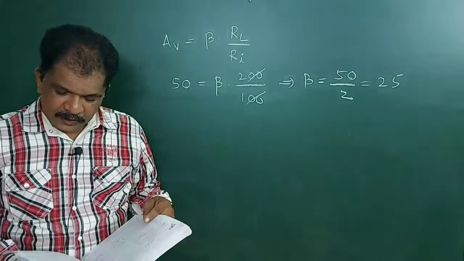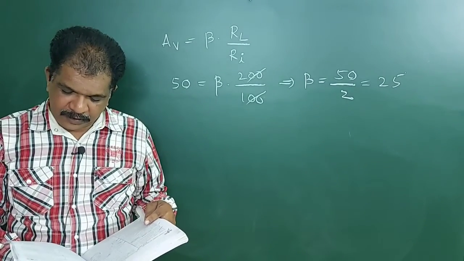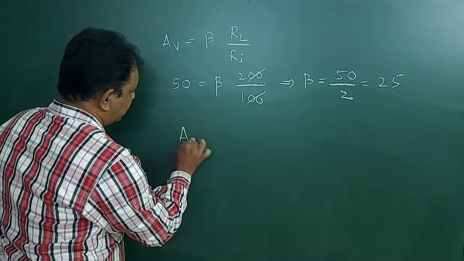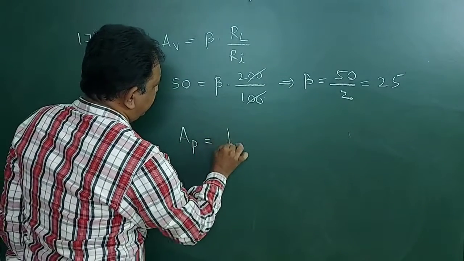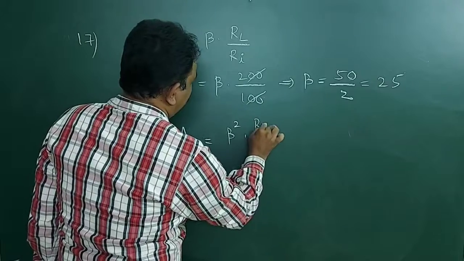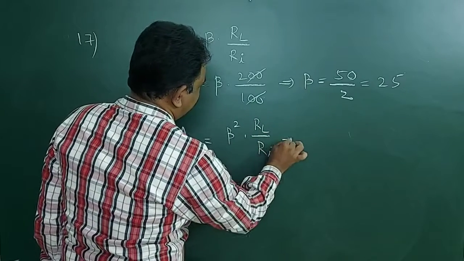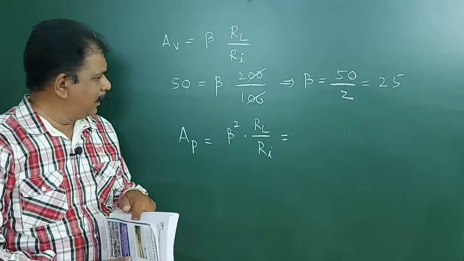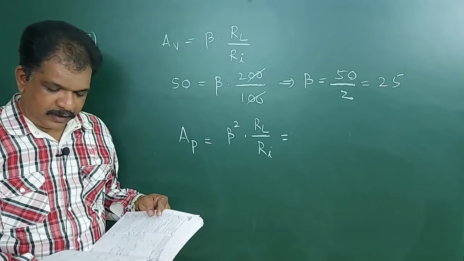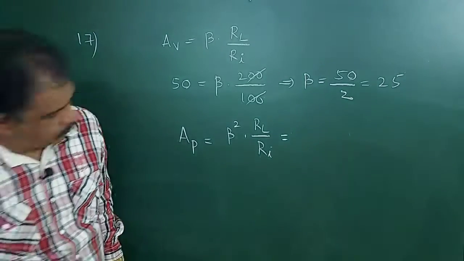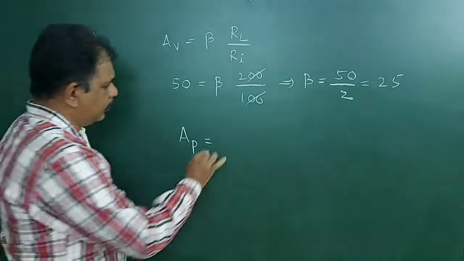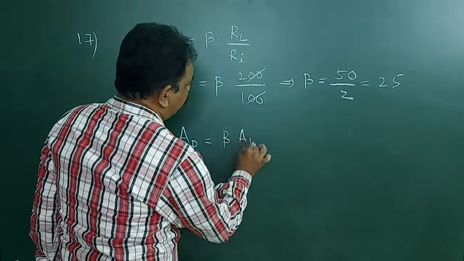Next, we got the beta value. Then power gain is beta square into RL by RI, or you can take beta into AV.